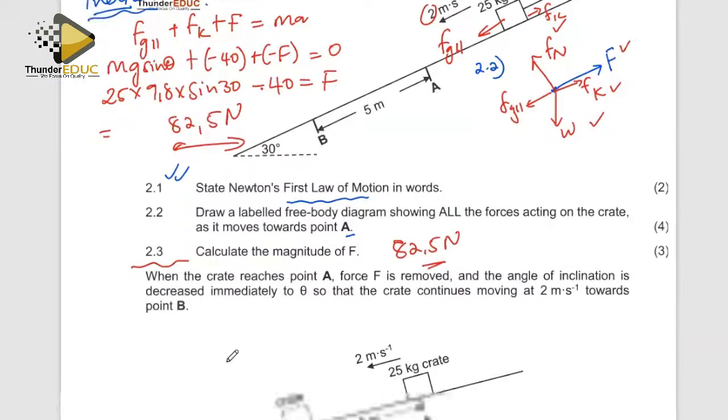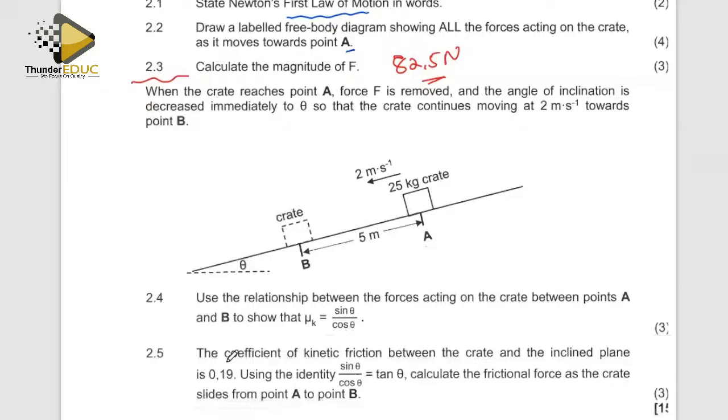And then they're telling us that when the crate reaches point A, the force F is removed, and the angle of inclination decreases immediately to a certain angle, theta, so that the crate continues moving at the same speed. So we're maintaining the speed of 2 meters per second, but with a difference within the angle and within the forces that are there.